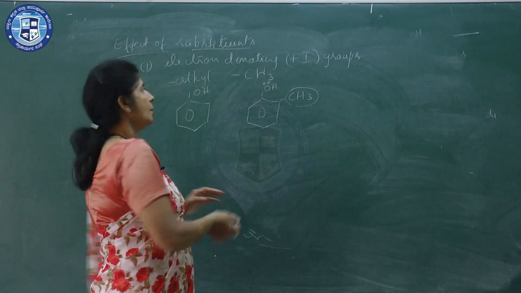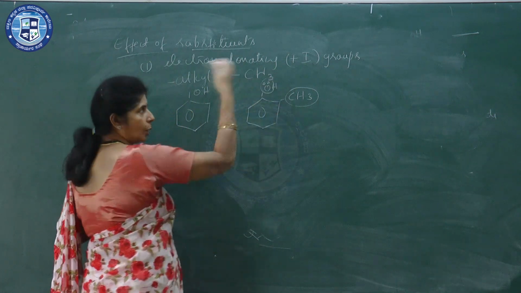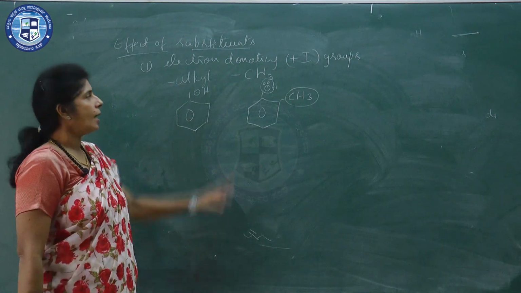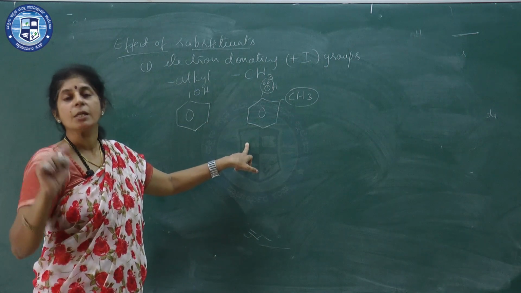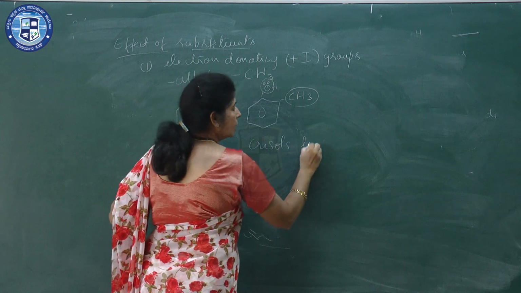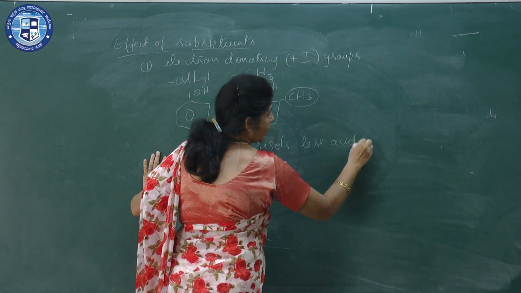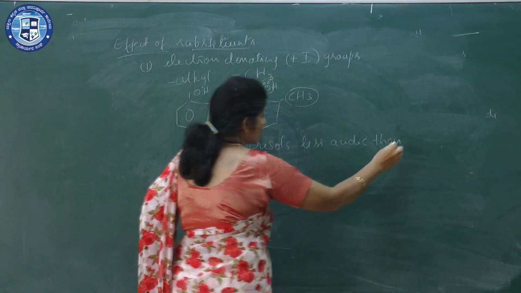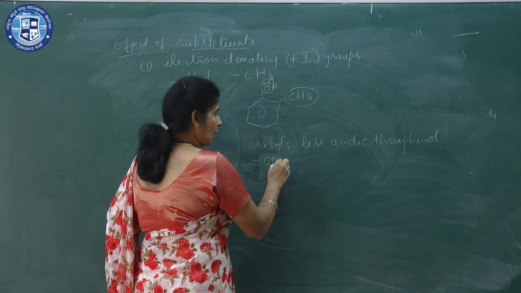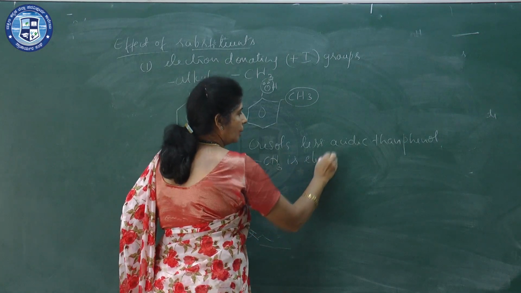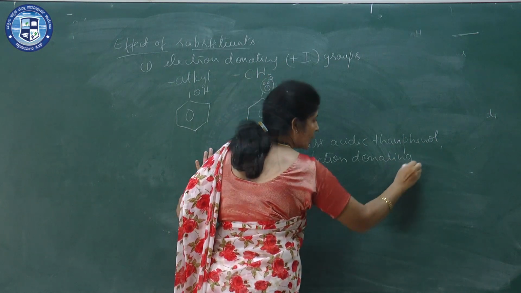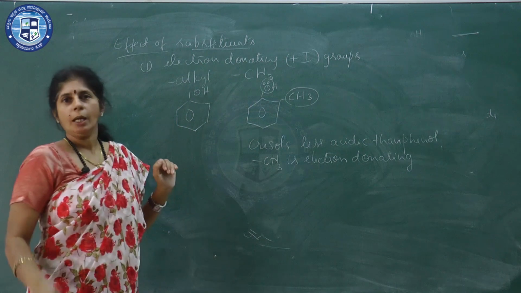That means here the electron density on the oxygen atom is increasing, thereby decreasing its acidic nature. So cresols are less acidic than phenol. What is the reason? The reason is simple. The CH3 group is electron donating. It donates electrons. As a result, the electron density on the oxygen increases.